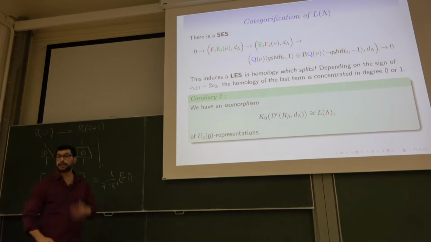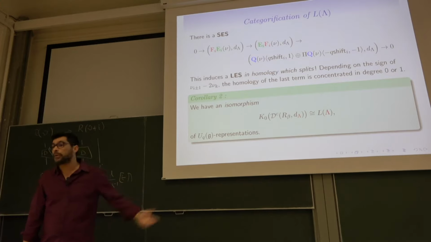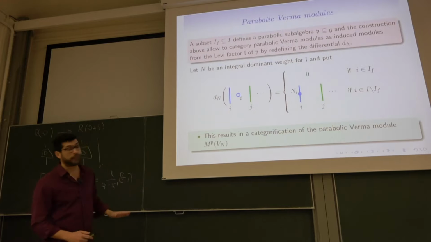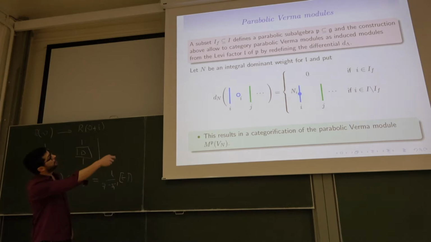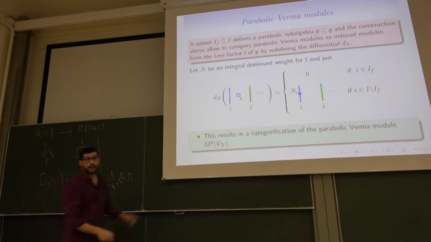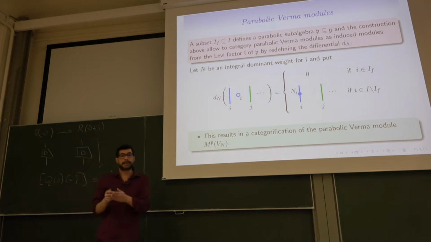And one might ask, can we categorify them? And from our picture, it's somehow straightforward. Instead of adding a differential that sends all floating dots to polynomials, we only send some floating dots to polynomials.